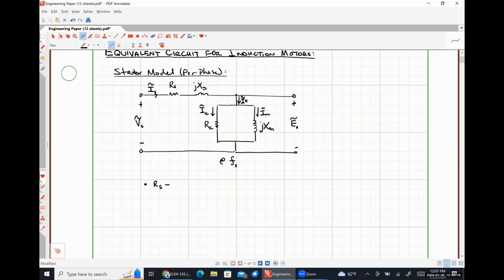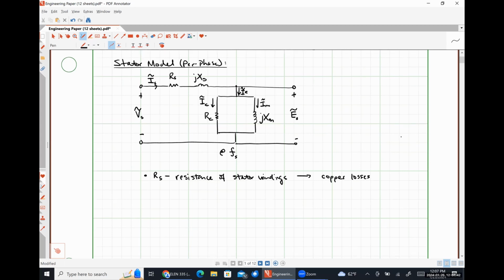So just to label things here, RS is the resistance of stator windings. So effectively, it's taking care of our copper losses, or I squared R losses, because our windings have some real resistance.